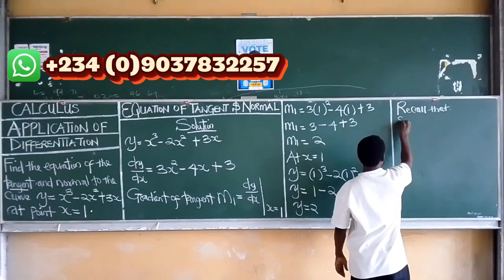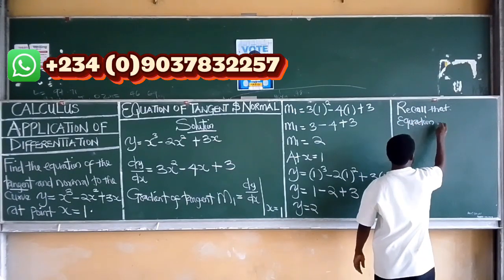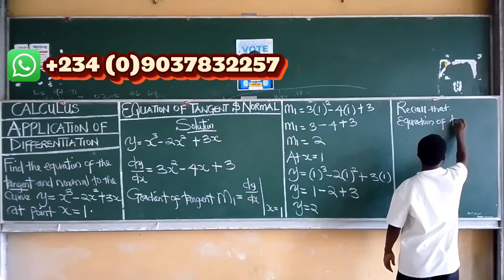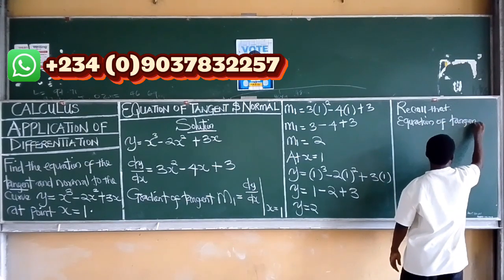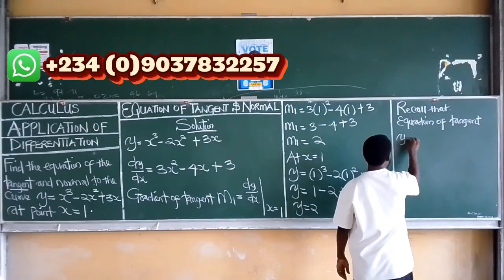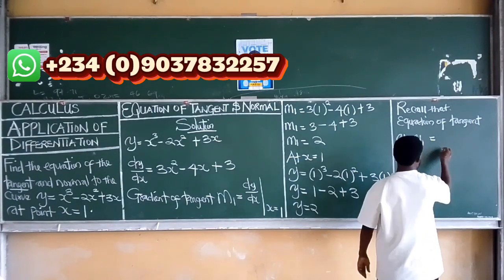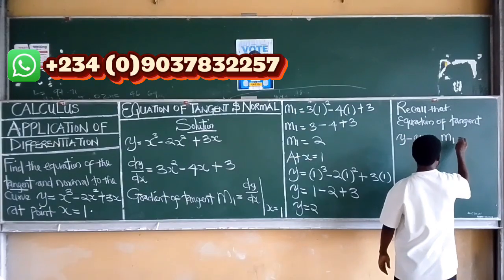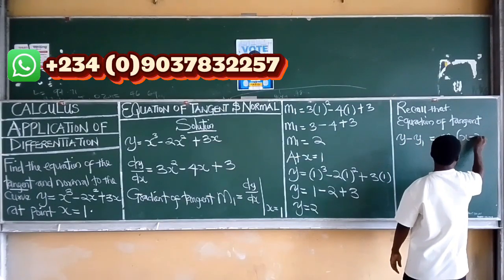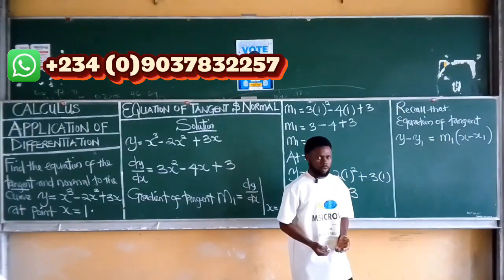The equation of tangent is given as y minus y1 is equal to m1 times (x minus x1).